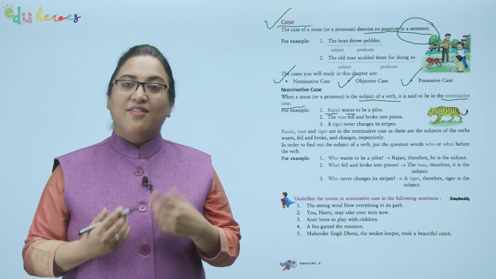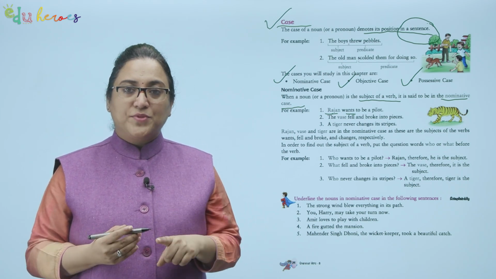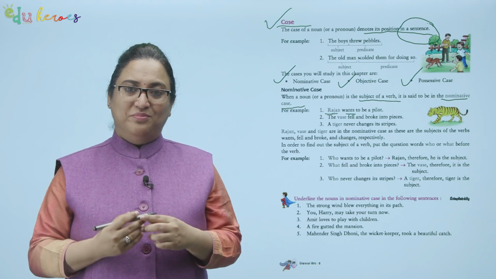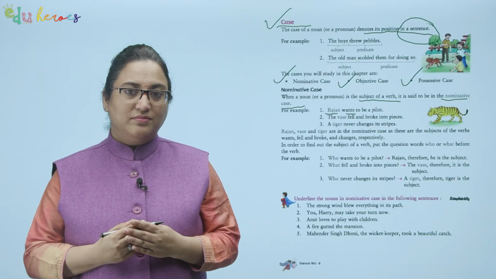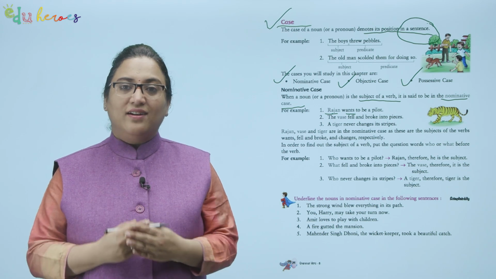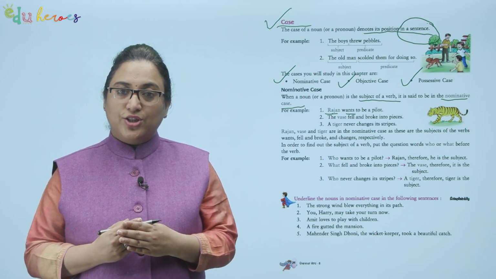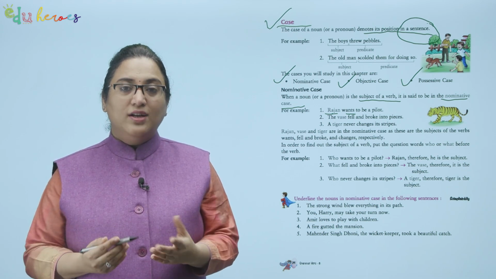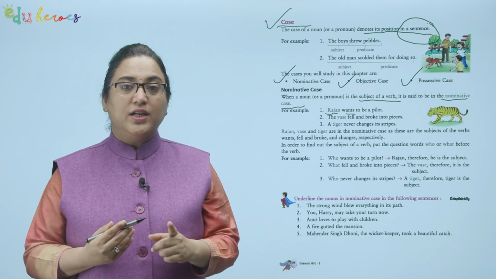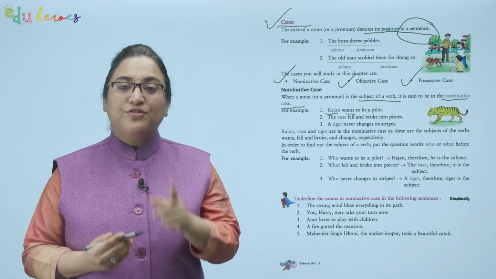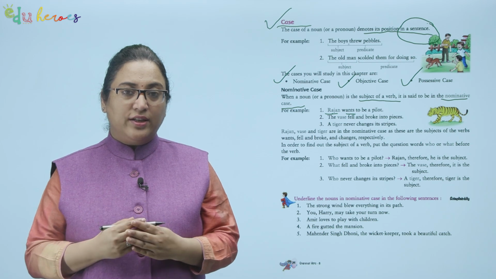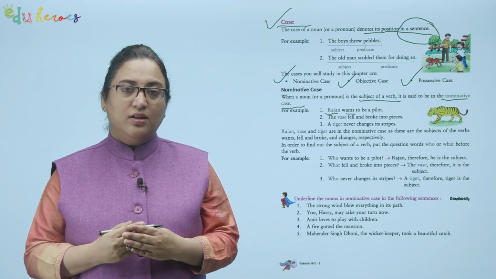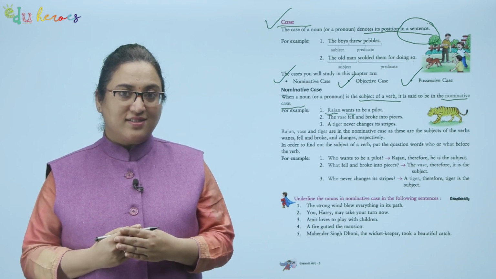The vase. Therefore, it is the subject of the verb. Who never changes its stripes? आपको क्या आंसर मिला? A tiger. A tiger never changes its stripes. Therefore, tiger is the subject of the verb. Right. To strengthen your learning and to check whether you understood, attempt the given exercise.